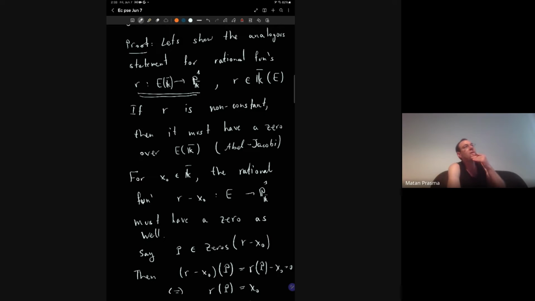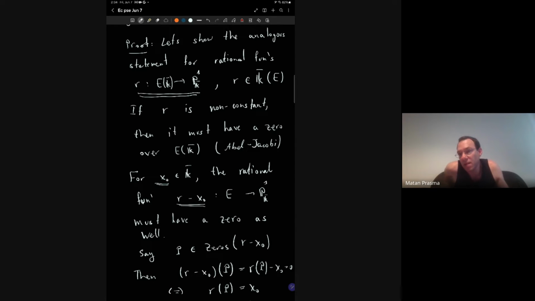Okay, so every polynomial that is not constant has to have a 0. This is by Abel-Jacobi. And similarly, every non-constant rational function has to have a 0. Now, if every non-constant rational function has to have a 0, it means also that I take any x0 in K bar, and I take R minus x0.